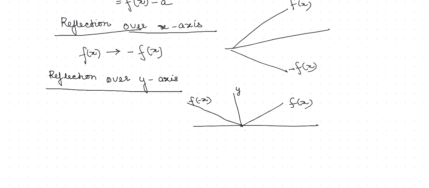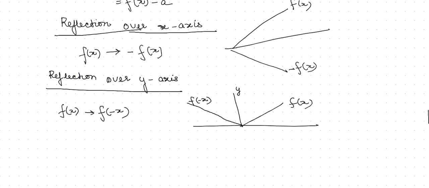For reflection over the x-axis, we multiplied negative to the whole function. Here, only x is replaced. Wherever there is x, it is replaced by negative x.